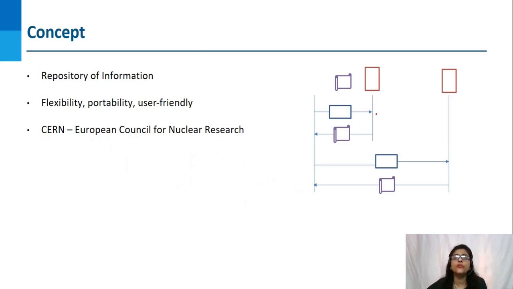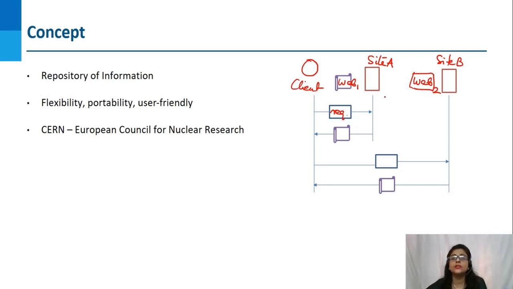This is a pictorial representation of WWW. There is a client here and these are the different sites of the server like site A and site B where the web documents are present. Suppose this is web document 1, and this is web document 2. The client will make a request to the particular site from where it will fetch the web document.